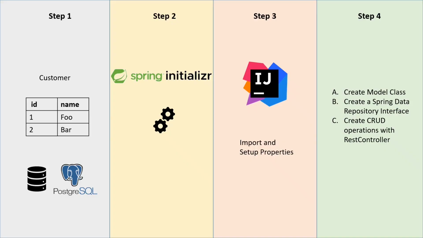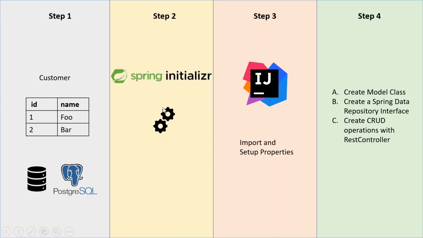These are the steps that we are going to follow to build the application. Step 1 is to create a database table on a locally running PostgreSQL database. We are going to create a customer table with only two fields, ID and name. Then in step 2, we are going to create our Spring Boot application using Spring Initializr.